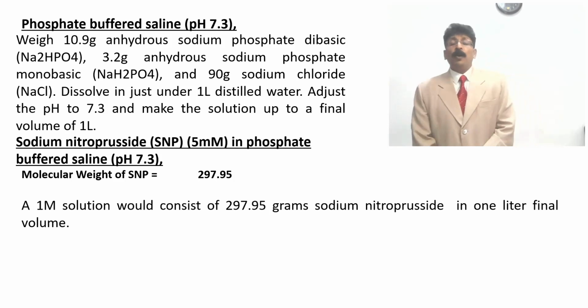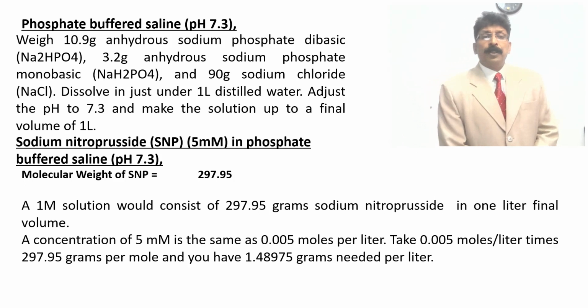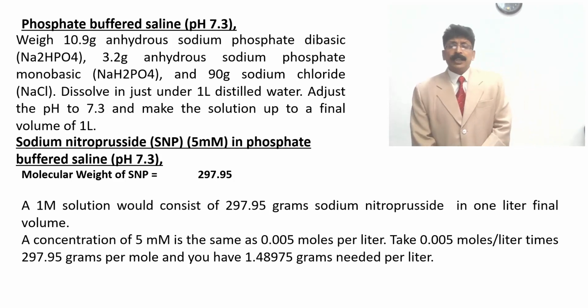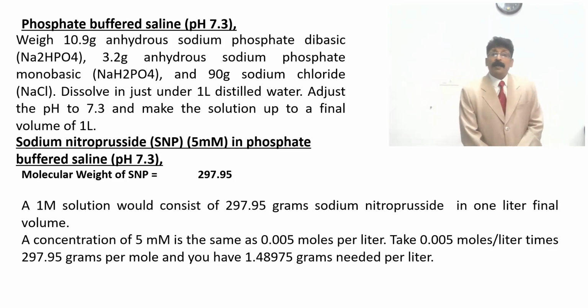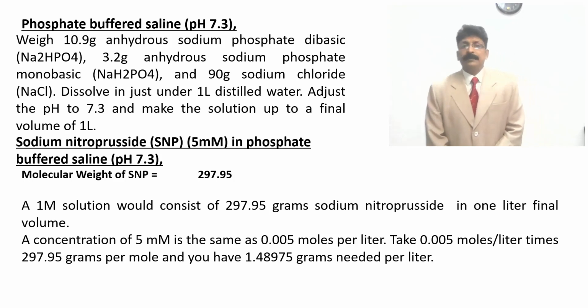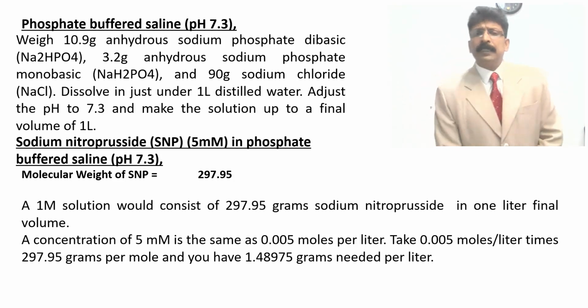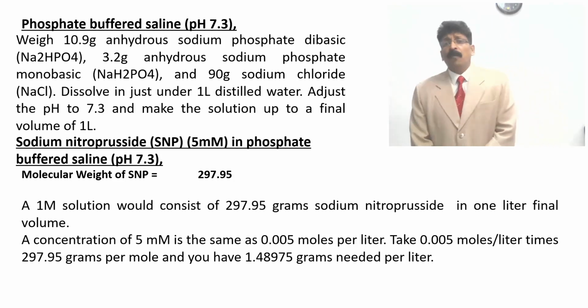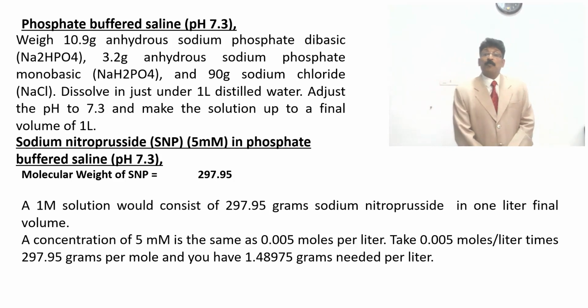But we don't want 1 molar, we want a 5 millimolar solution, so we have to calculate accordingly. A concentration of 5 millimolar is the same as 0.005 moles per liter.